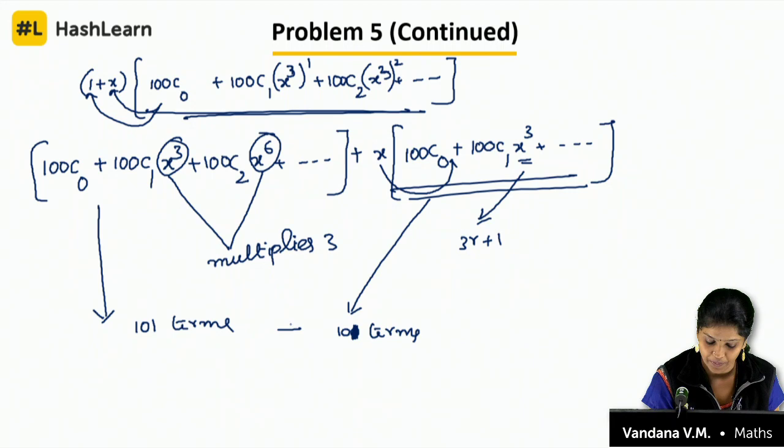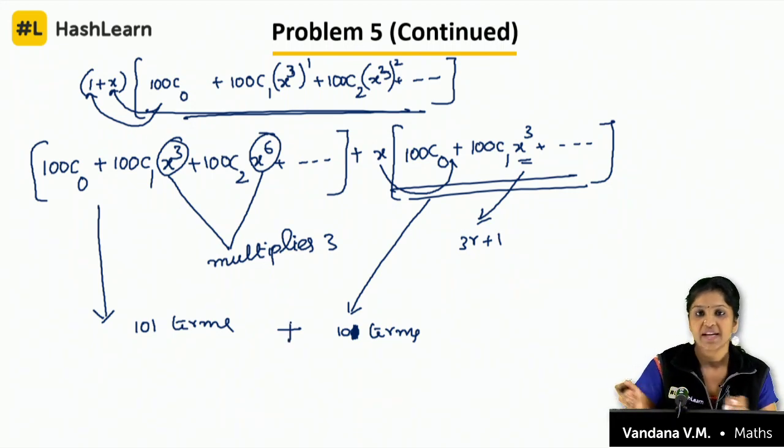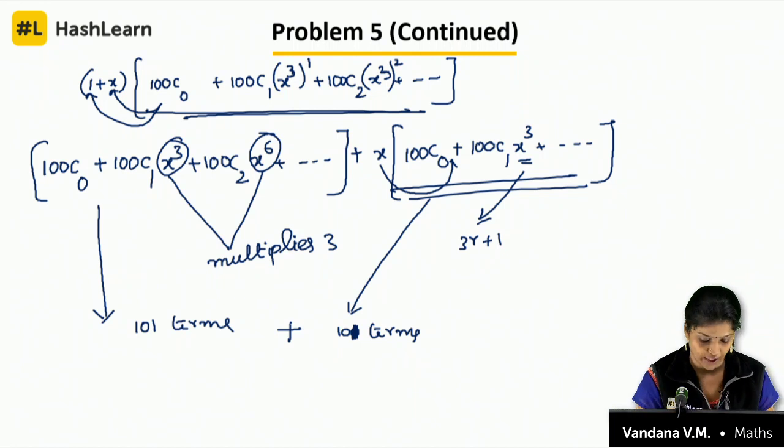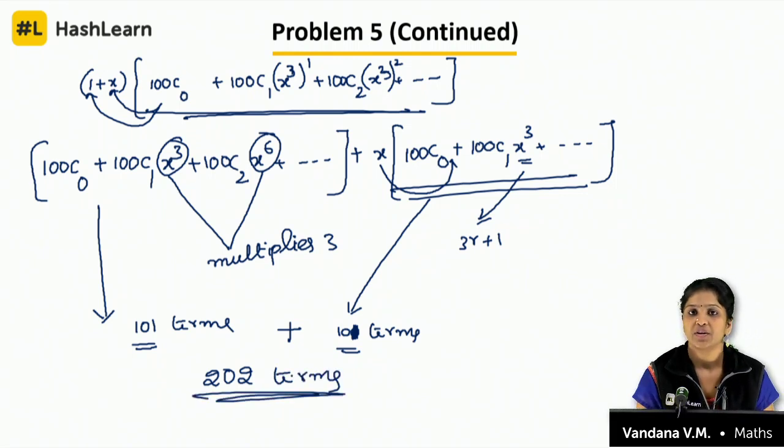In the first set I have 101 terms, in the second set I have 101 terms. So totally I will have 202 terms. You understood, right? See, it's becoming a little lengthy because I am giving all the explanation of why it is not affecting the total number of terms. Once you understand the logic, you can do it within 1 minute.